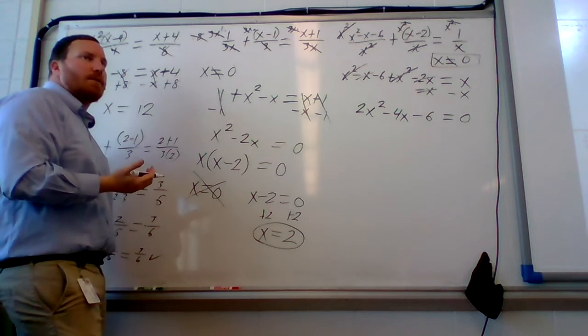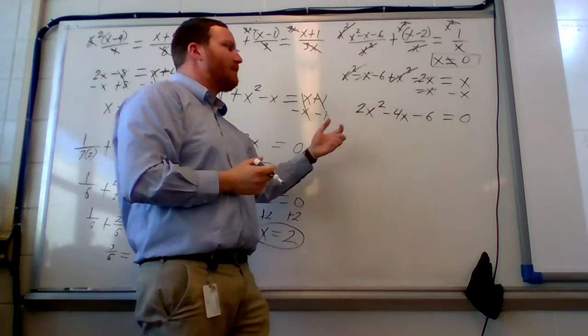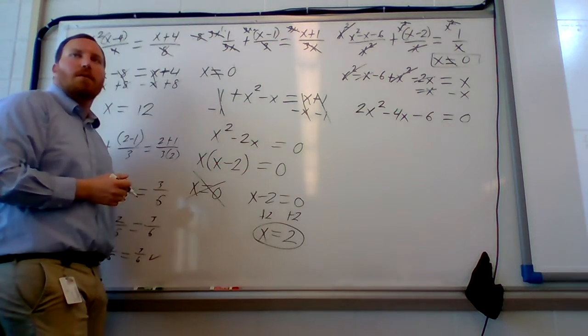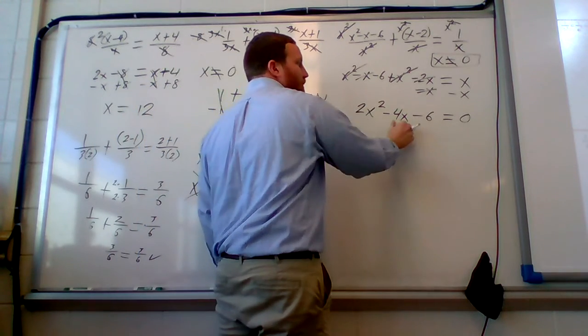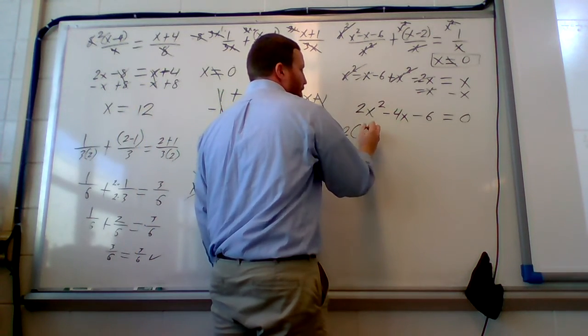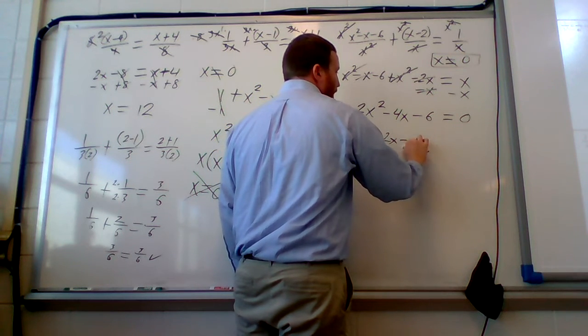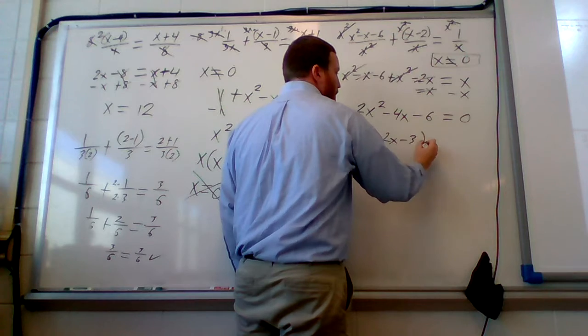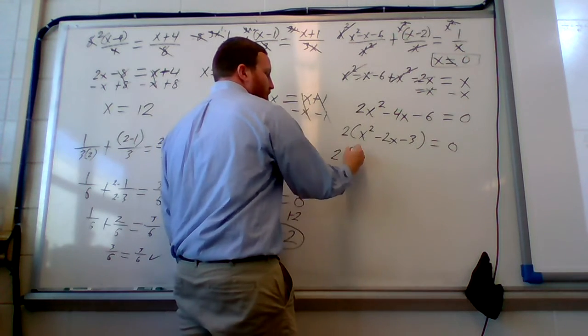So what do we need to do to solve this? Well, we can factor it, but what can we do to make this factoring easier for us? Simplify it, take out a 2, right? These all have a coefficient of 2. So we take that out: x squared minus 2x minus 3. So then, can we factor that?